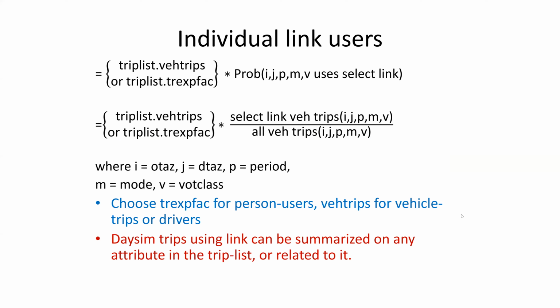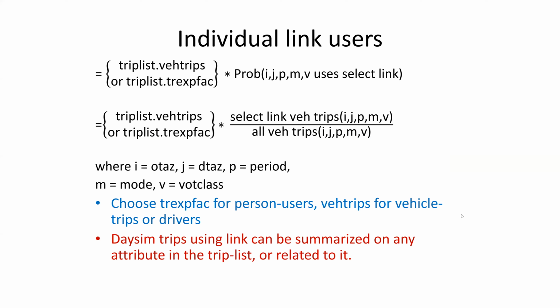And so now the individual link users would be either the vehicle trips or the person trips as split out in that manner, times the probability of using a link, which of course is a quotient. That probability is a quotient there.